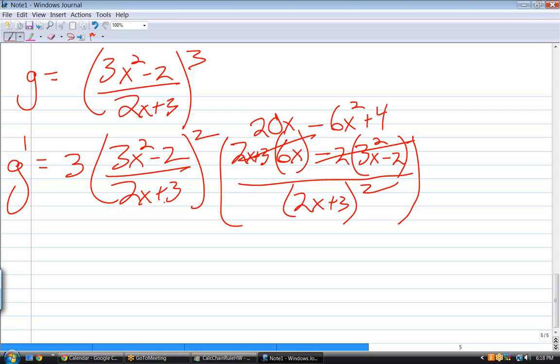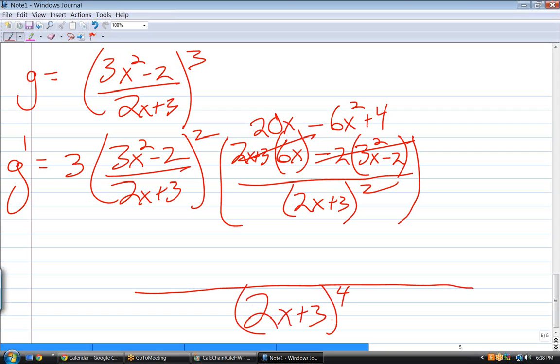No point in doing that. Although, I think you can see that the denominator is going to end up being 2x plus 3 quantity squared also. So my new denominator, after I get done, is going to be 2x plus 3 to the 4th power. You see how that's going to happen? My numerator is just going to be a long, complicated polynomial.